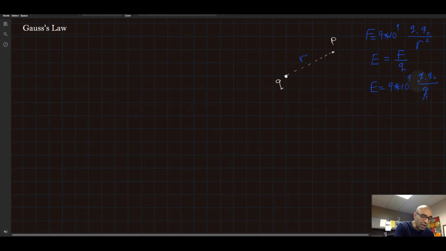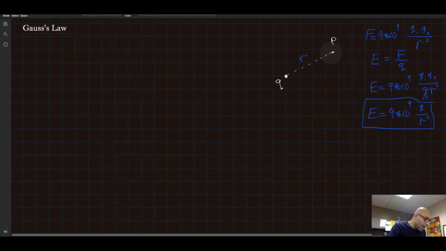Then Q1 with Q1 cancels out, and this Q2 becomes Q. So we end up with electric field equal to 9 times 10 to the power 9 Q over R square. There is R square here, I forgot to put it. So this is what the electric field is equal to for a point charge at a point P, where R is the distance between the point charge and the point P. So that's an easy way to find the electric field.